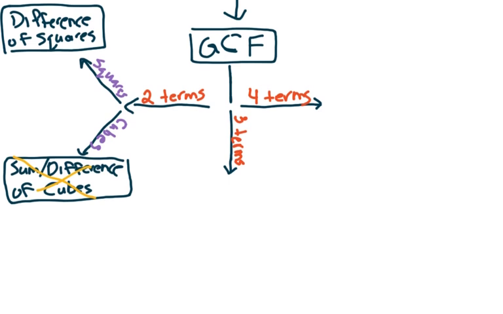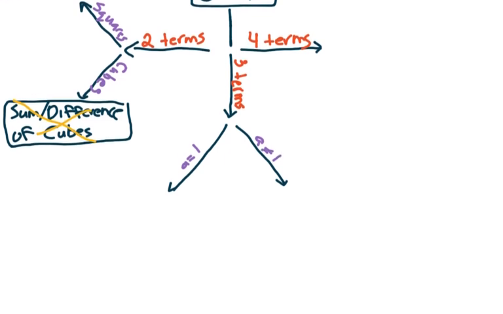Now, if you had three terms, same kind of thing. You're going to check to see, does A equal 1? Does the number with my x squared term equal 1? Or does the number with my x squared term not equal 1? So if the first number is 1, we're going to use factor sum.